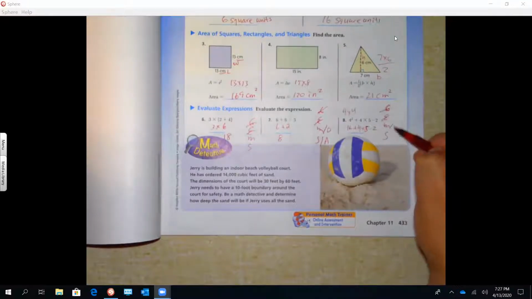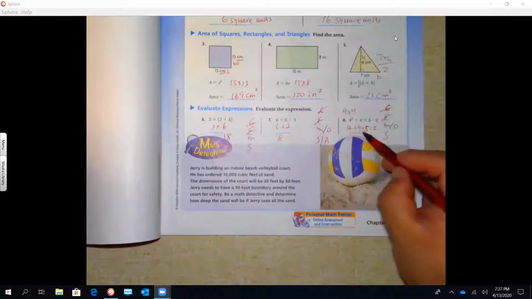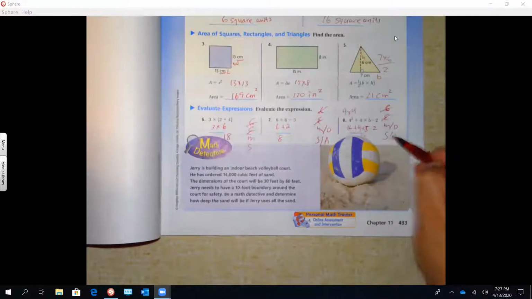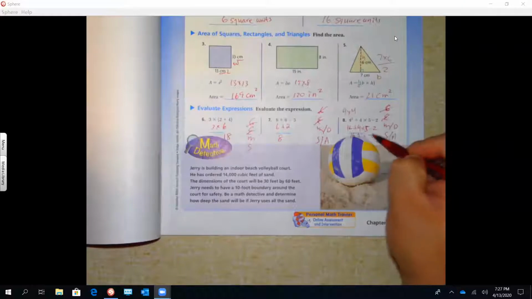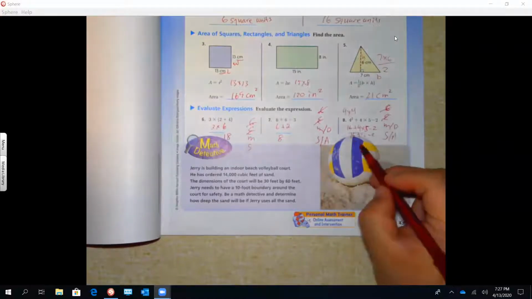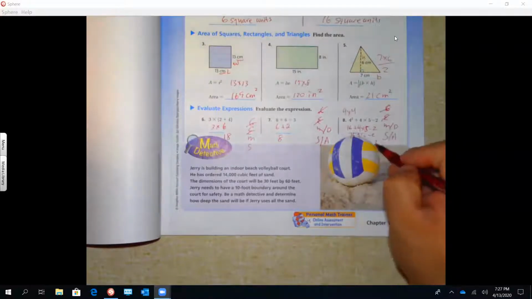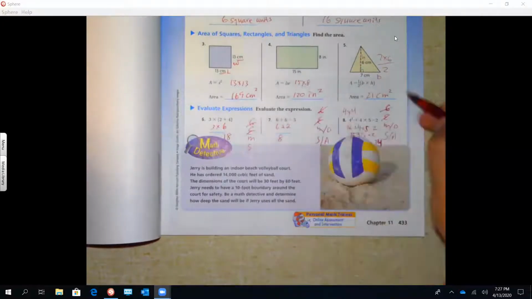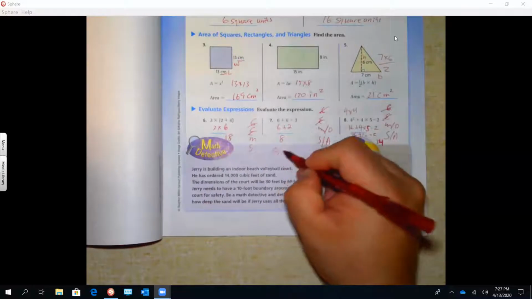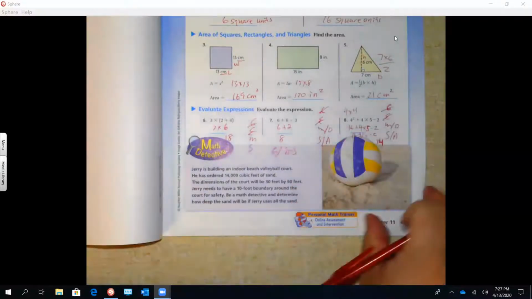Now multiplication and division, 4 times 5 is 20, plus 16 minus 2, and continue the rest. You should have gotten 34. So the important part about the expressions is using order of operations, GEMS.